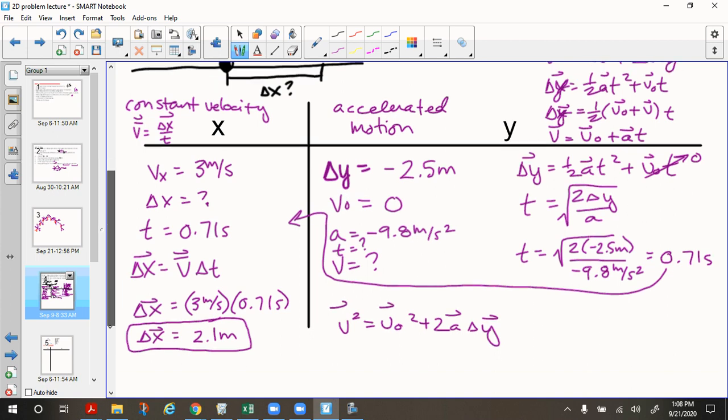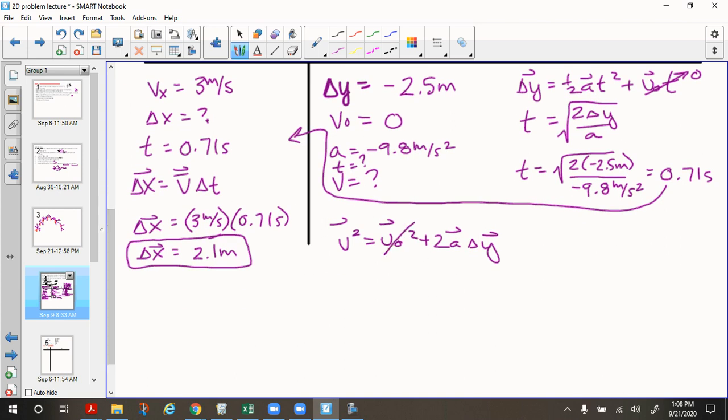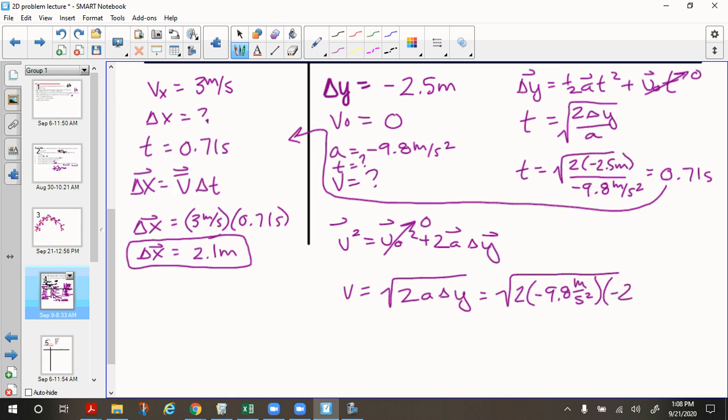And we're solving for v final and v initial is 0. So we'll write it as v equals the square root of 2a delta y. Then we'll plug in some numbers. So we get 2 times the acceleration, which is negative 9.8 meters per second squared, times delta y, which is negative 2.5 meters.